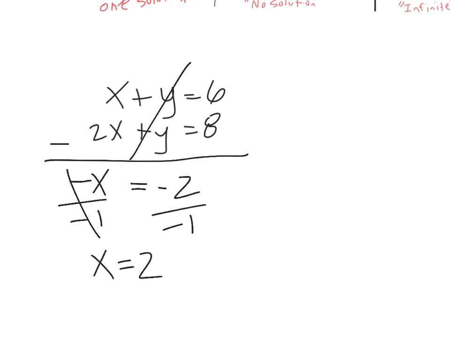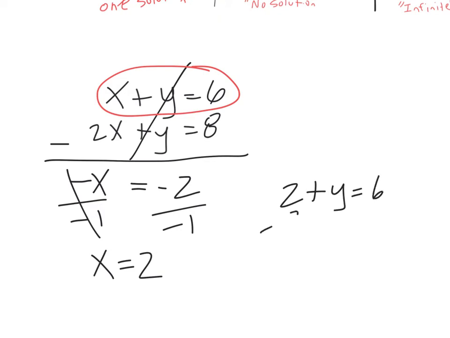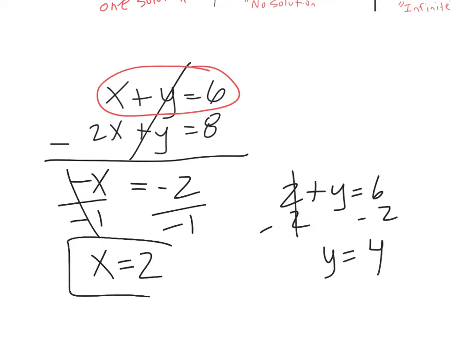Now I can use that 2 to plug back into either equation. In this case, I'm going to go up to this top equation. We're going to plug in 2 for x, so 2 plus y equals 6. Now I'll subtract 2 from both sides, and I get y is equal to 4. So we have x is equal to 2, and y is equal to 4. That solution is a unique solution.